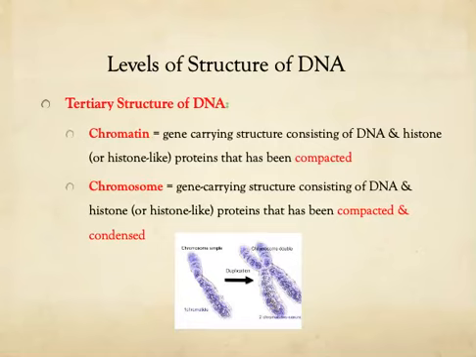Now, when it comes time for the cell to divide, the chromatin is going to become even more folded, even more condensed. And that's what allows these chromosomes to form. Remember, when a cell divides, it has to divide everything inside of itself into two brand new cells. And that includes the DNA molecule.